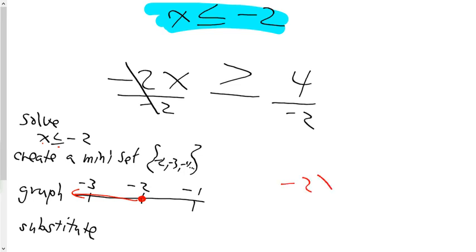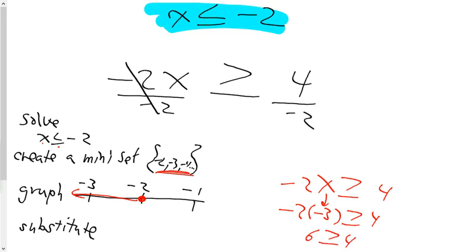Negative 2x is greater than or equal to 4. Choose any of your numbers that are in that solution. I'm going to choose negative 3. So substitute negative 3 for your x value. Negative 2 times negative 3 is a positive 6. Is that one of the numbers that is greater than or equal to 4? Yes, it is, right?